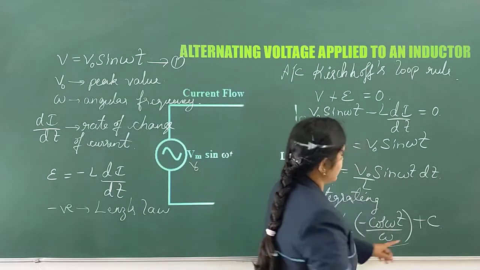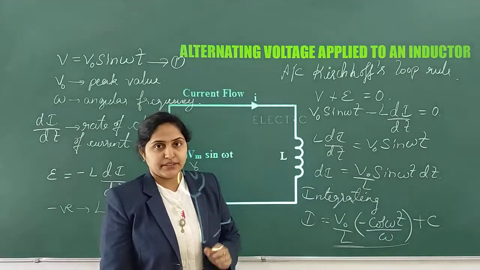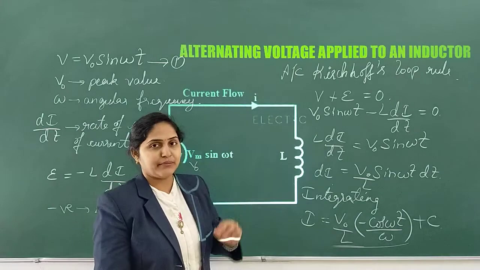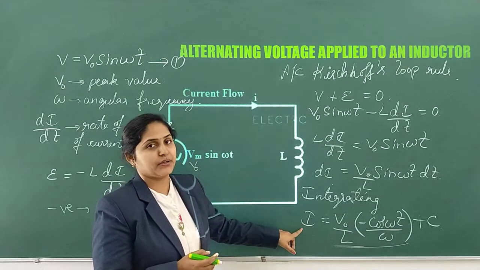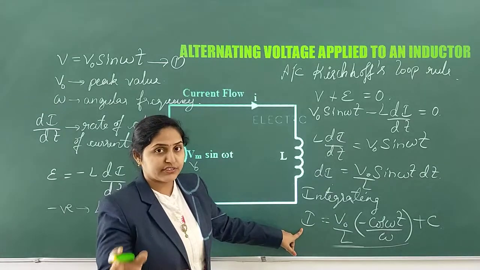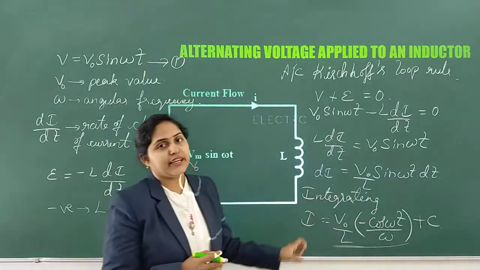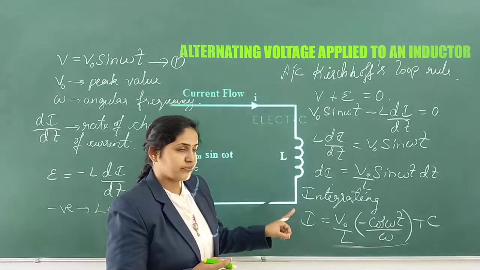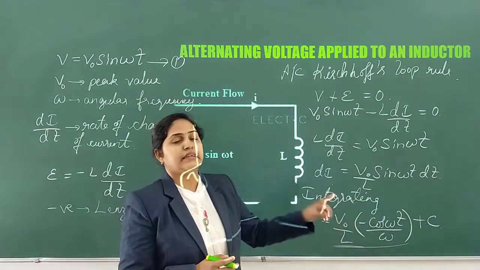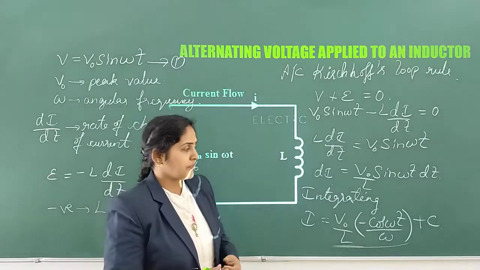In this equation, see that c is constant, which is time independent, and it has the dimension of current, because when you equate any number of terms to current, all those terms must have the dimension of current. So the constant c has a dimension equal to the dimension of current.